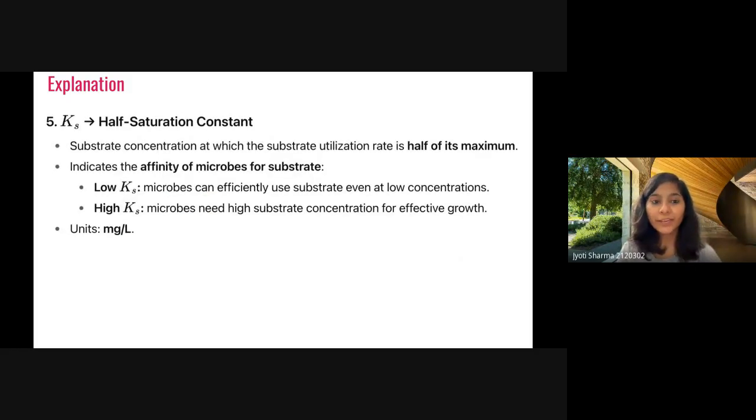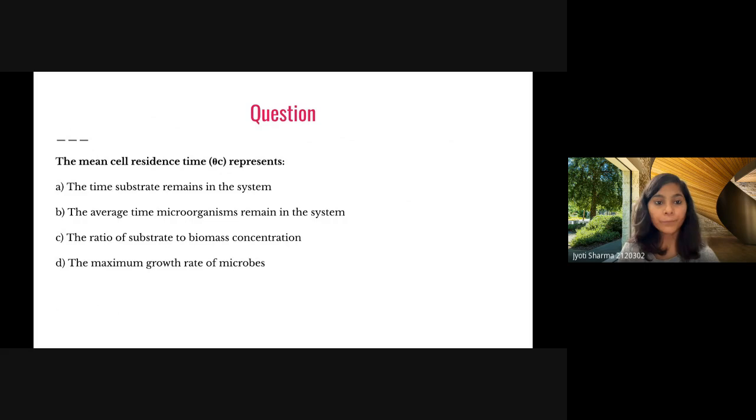Then we also have Ks, known as the half saturation coefficient. This is the substrate concentration at which the substrate utilization rate is half of its maximum. This is very important, just keep this in mind.